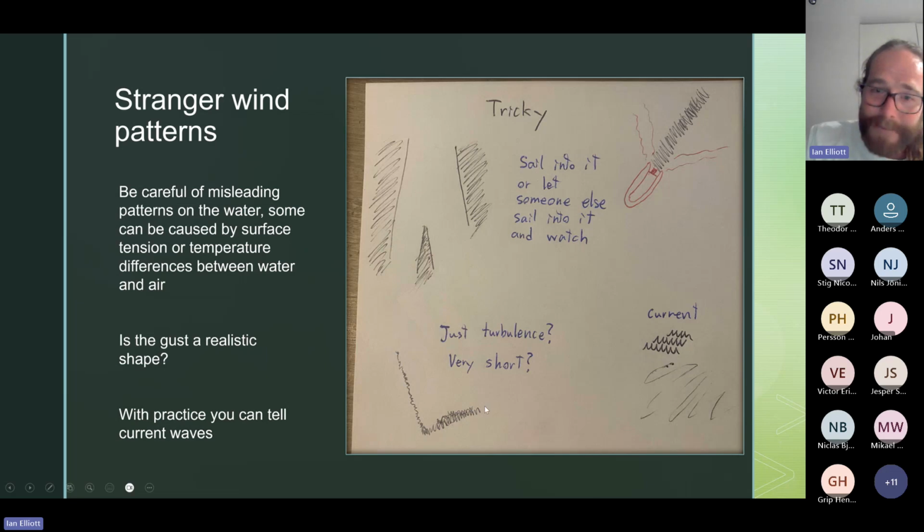And I sailed out of my way to get into it because I wanted an extra gust of wind. But basically, it was just turbulence. It shook my sail, and I didn't get an acceleration out of it. And if you're not careful, especially if you're expecting a gust, you can accidentally bear off because you're hiking out too hard and stall. So just be careful when you see something strange like this.